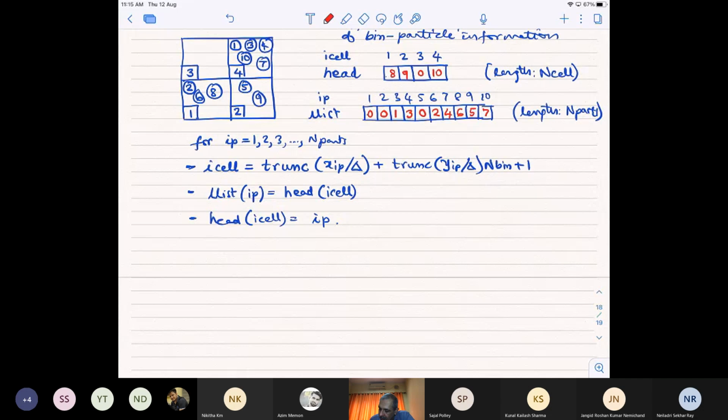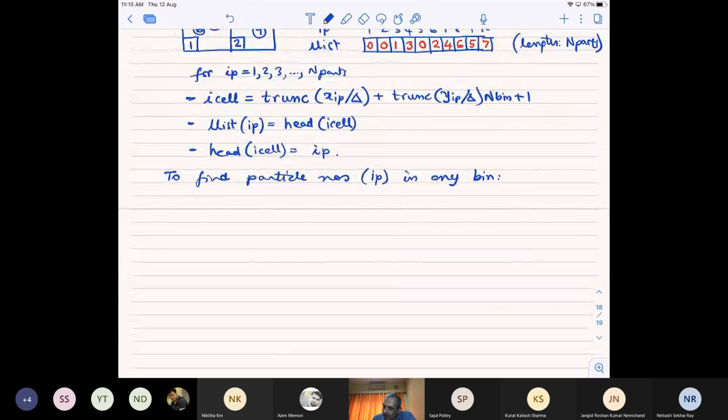If you want to find what are the particle numbers IP in any bin, how would you do it? First, IP1 is just equal to head of I cell.